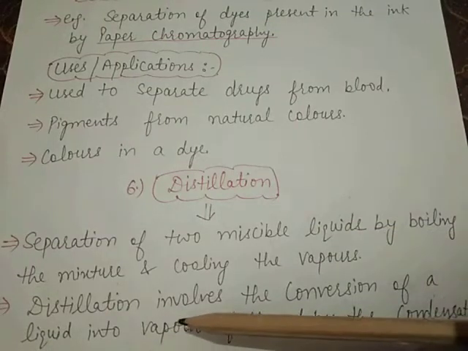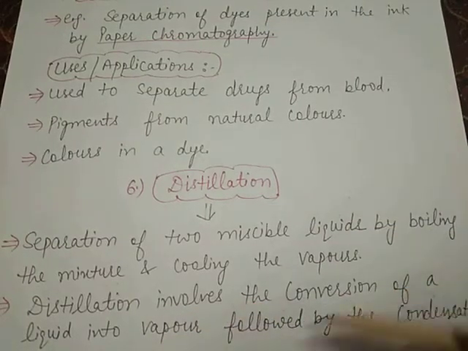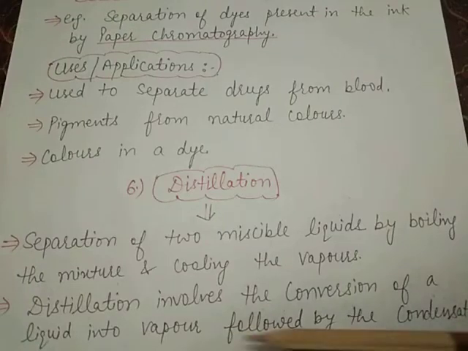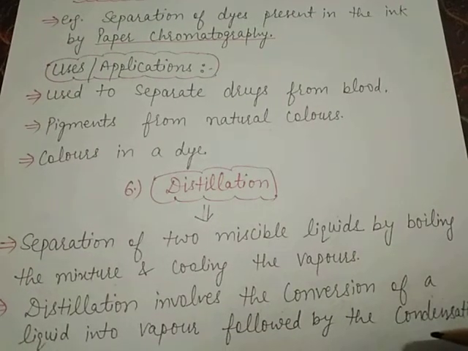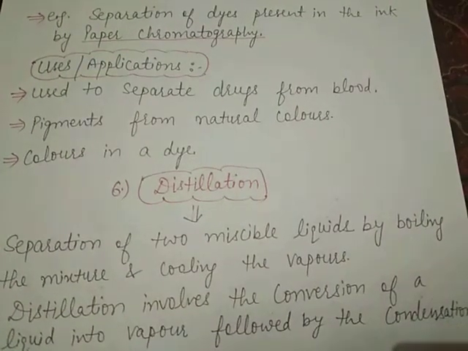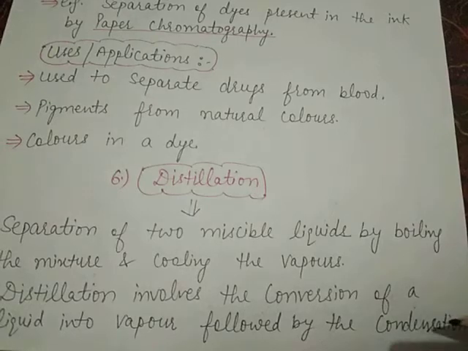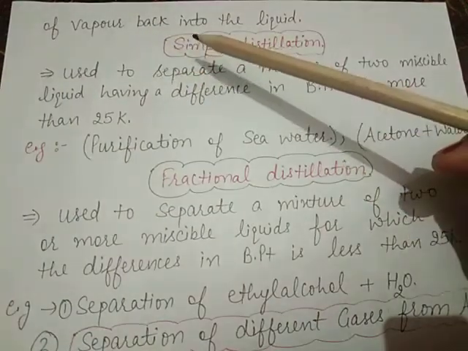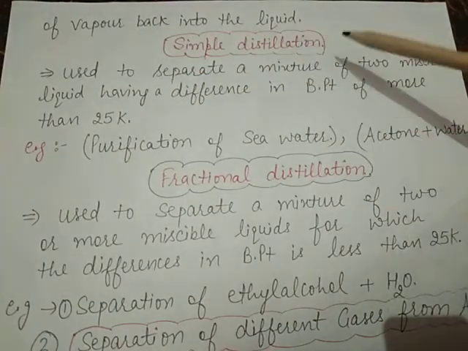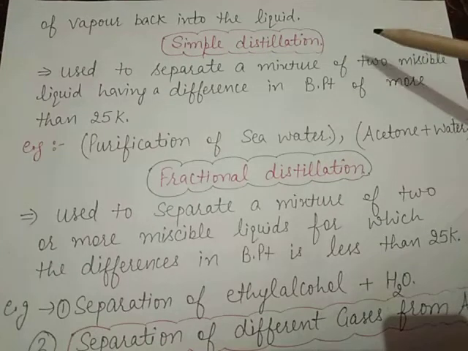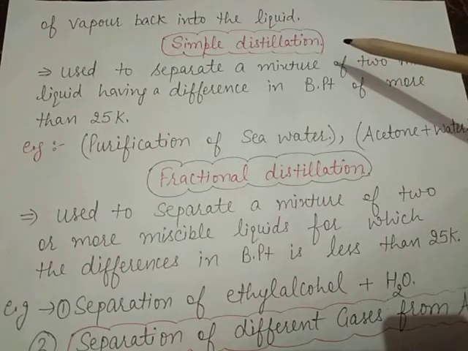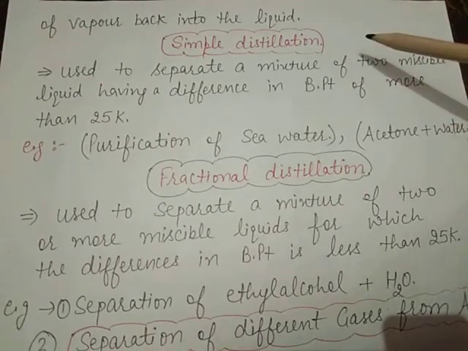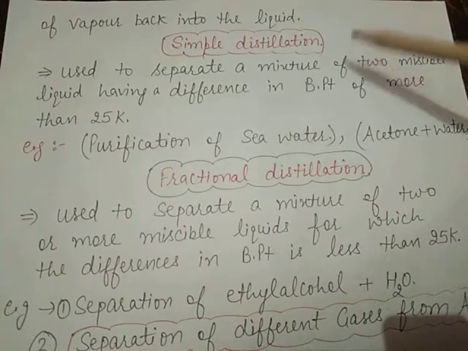So distillation is a process which involves the conversion of a liquid into vapors followed by the process of condensation, means cooling, of vapor back into the liquid, means liquid to vapors and vapors to liquid. This is called distillation.